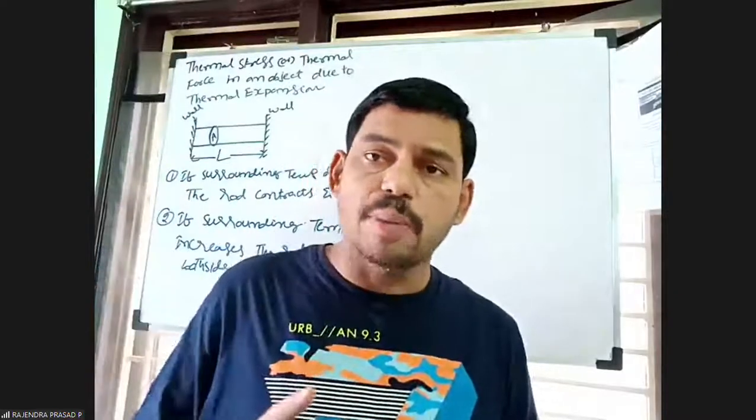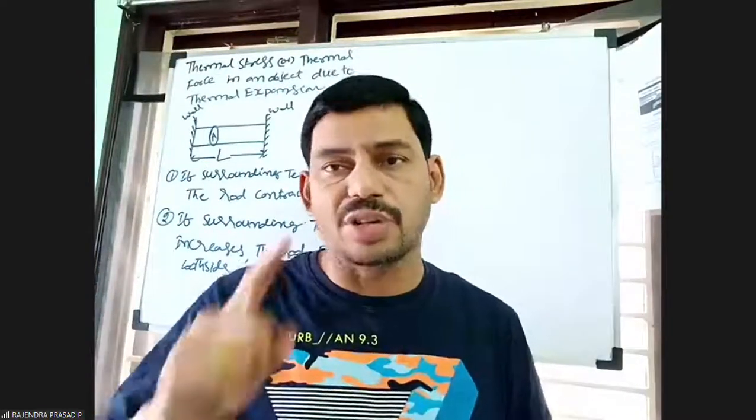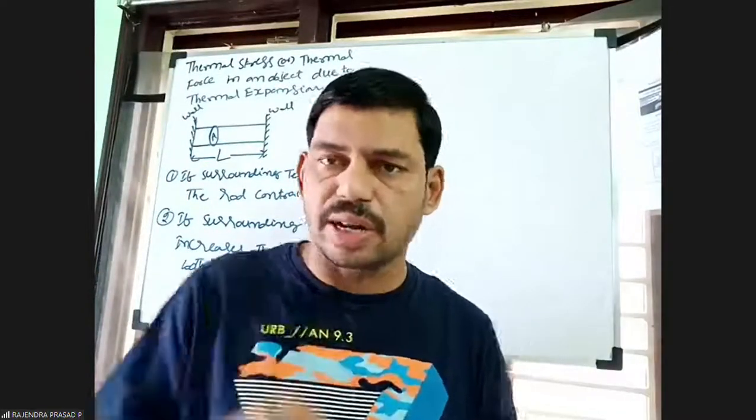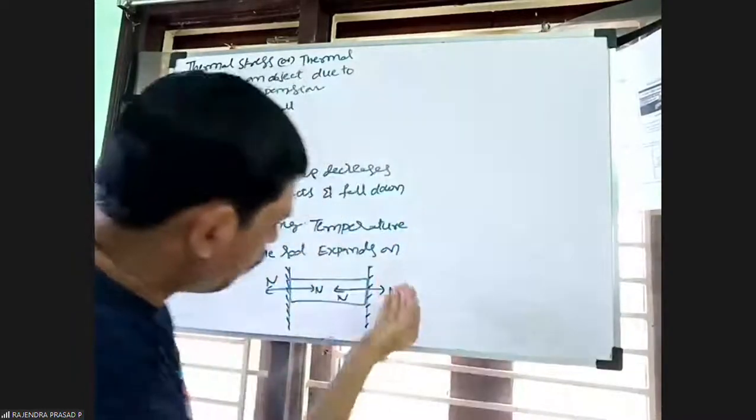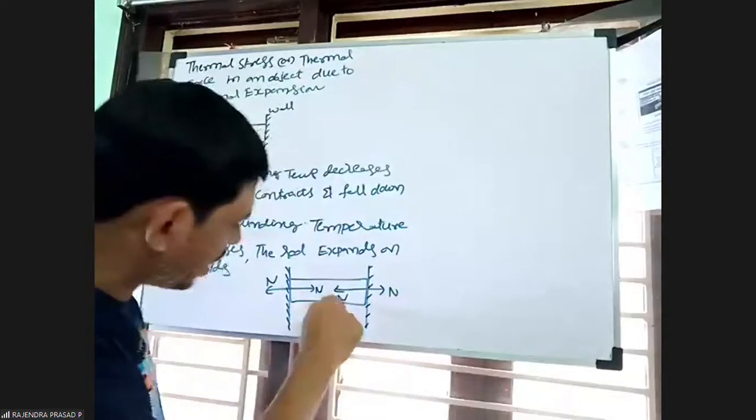At the same time, according to Newton's third law, action and reaction: the rod exerts some force on the wall and the wall exerts some force on the rod. This is the same force.